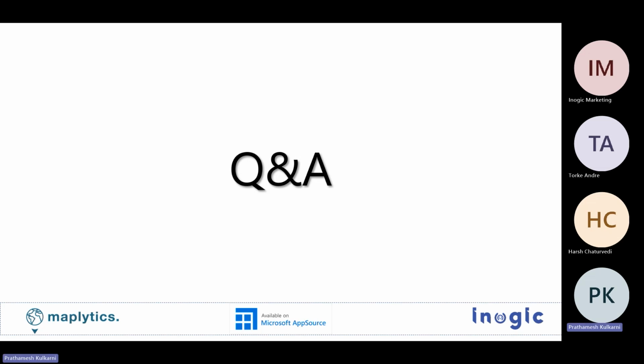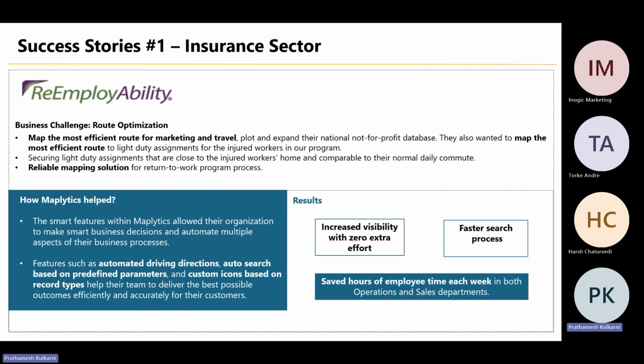Great. Now, moving ahead, I'll share a few of the success stories that we have implemented. The first one is for Re-employability, where the business challenges given to us were the unavailability of the most efficient routing for my marketing and travel team. And the second was that, due to COVID, a lot of people were not on the field. They wanted a system in which their sales team and field representatives would better use route planning.